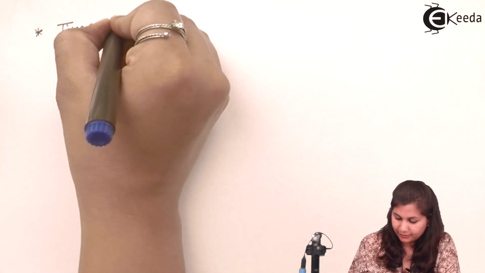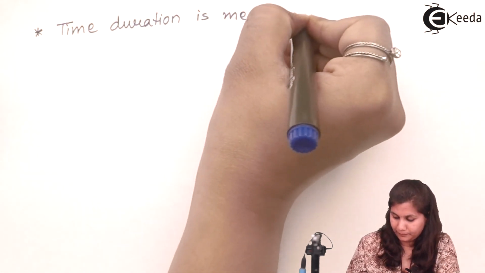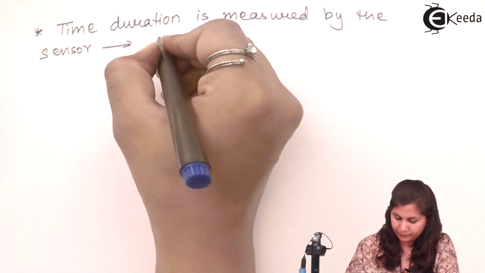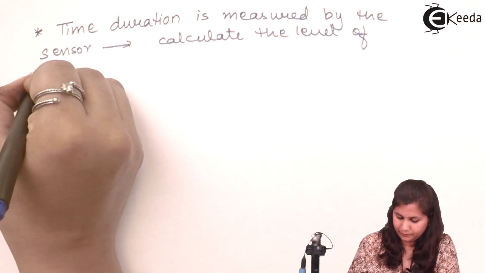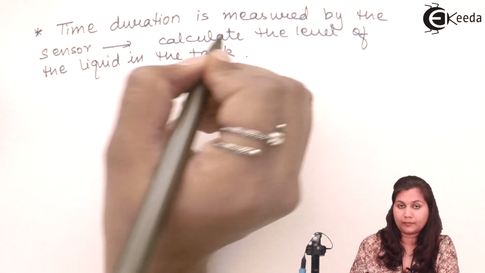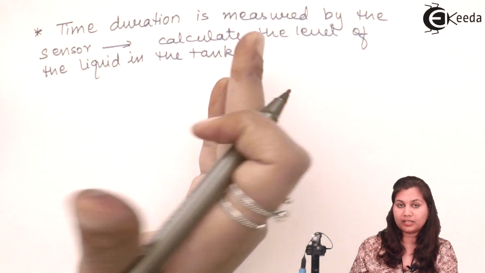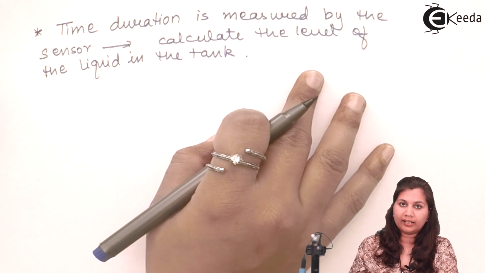So the time duration is measured by the sensor, which in turn is used to calculate the level of the liquid in the tank.